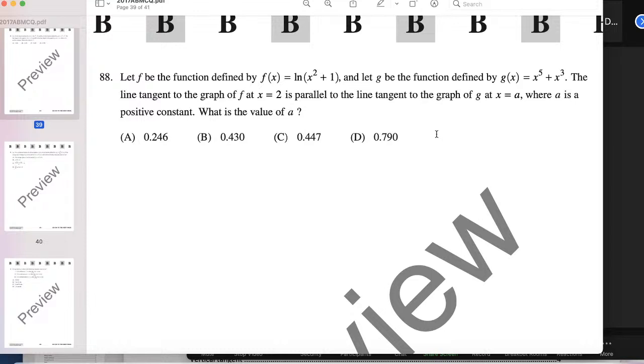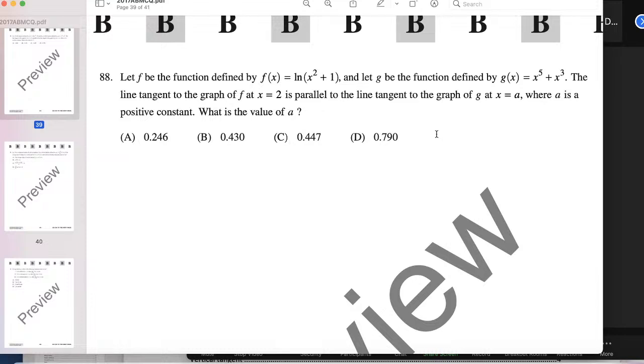So the slope has to be equal to 4 over 5. So I'm taking the derivative, so it'll be 5x to the 4th plus 3x squared, and that has to be equal to 4 over 5.